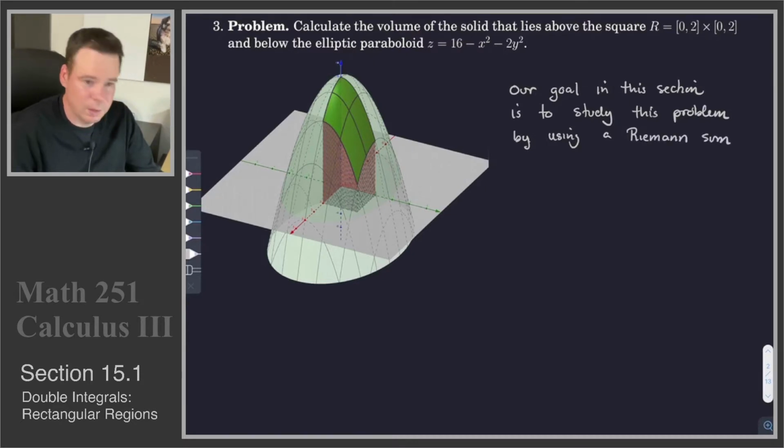That is this idea of chopping up the region into a bunch of little bits, and then in this case using rectangular boxes on each of those bits as an estimate for the volume on that bit, and then adding them all up. That's this notion of a Riemann sum.